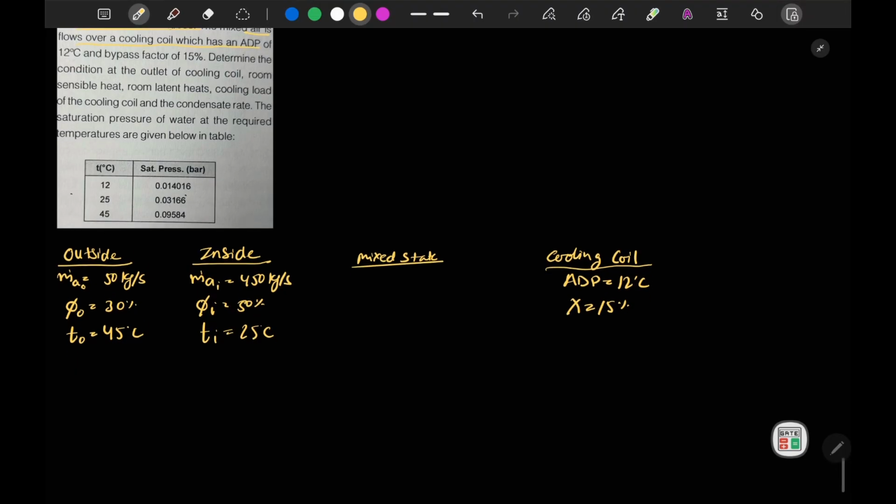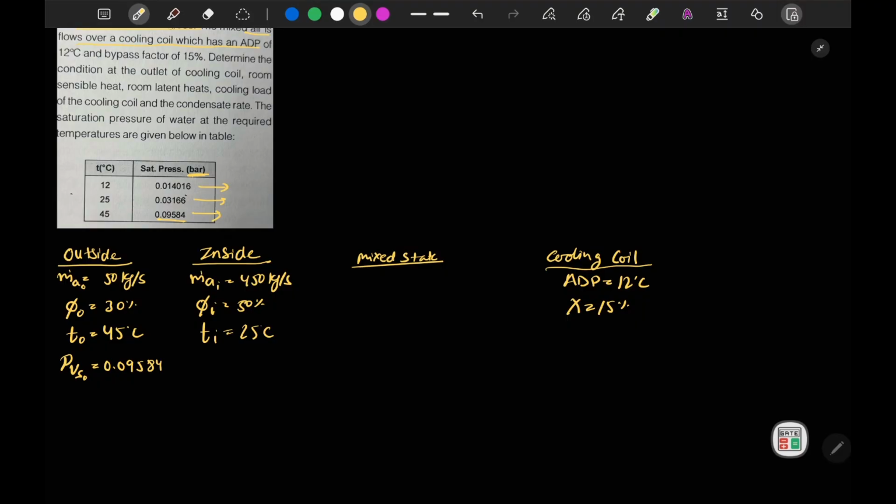There is a data table given, saturation pressure at different temperatures. At 45 degrees Celsius we have been given the saturation pressure, so from here we can write PVS node is equal to 0.09584 bar.